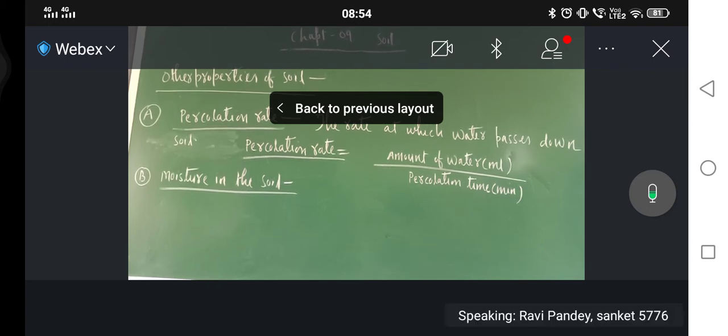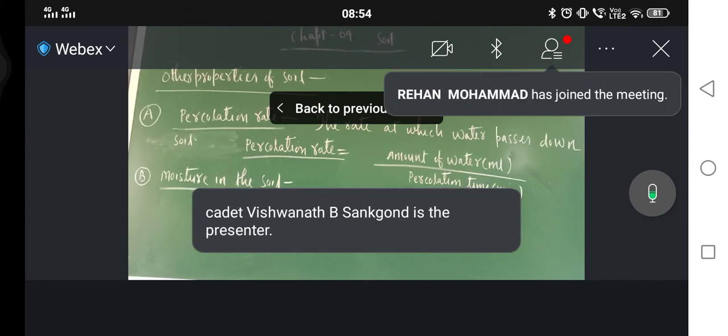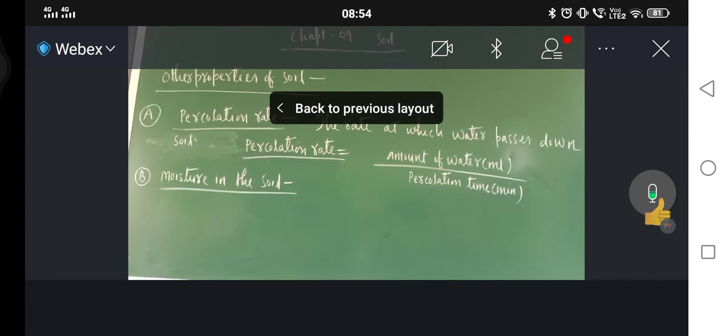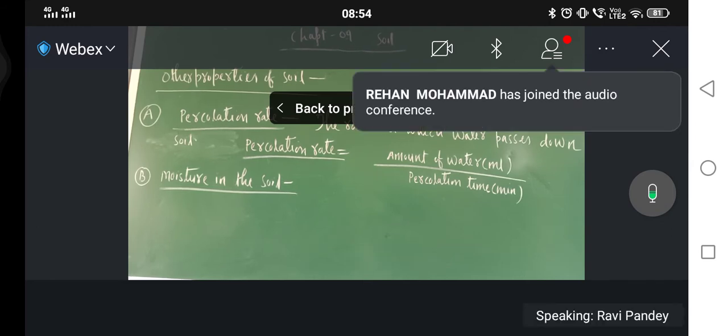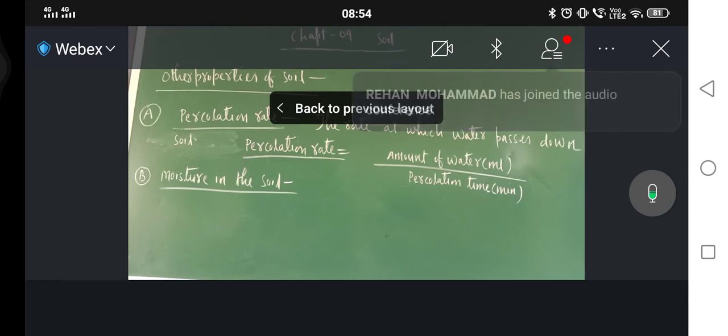Have you seen the borewell pipes? Otherwise, you take one tin can. In this tin can, the bottom should be cut.